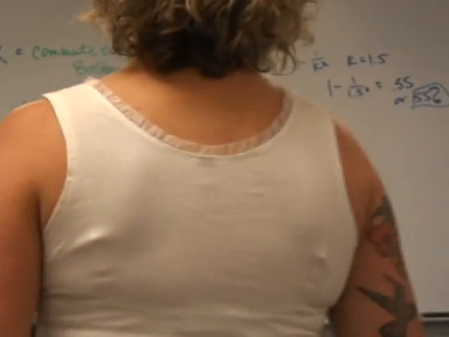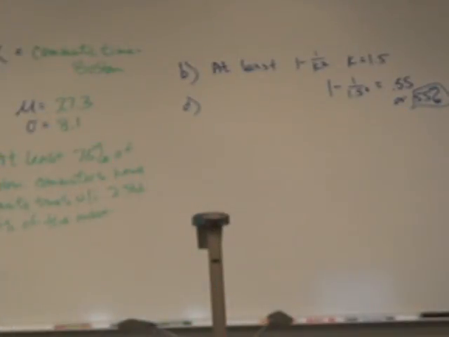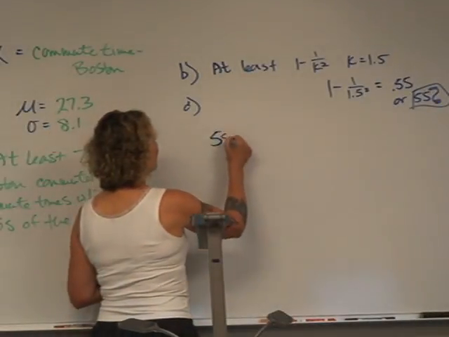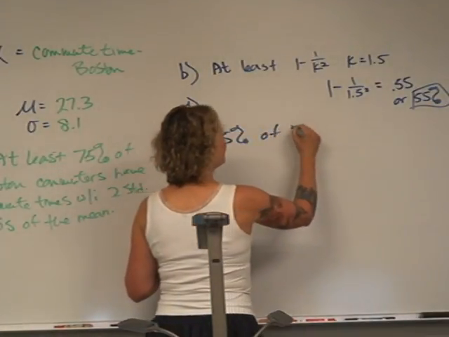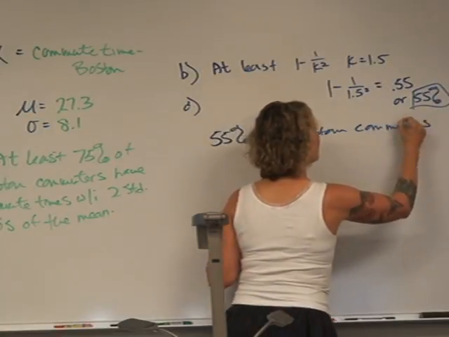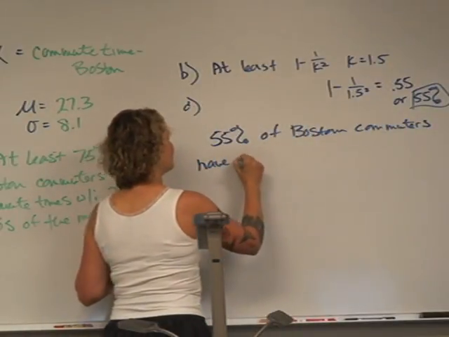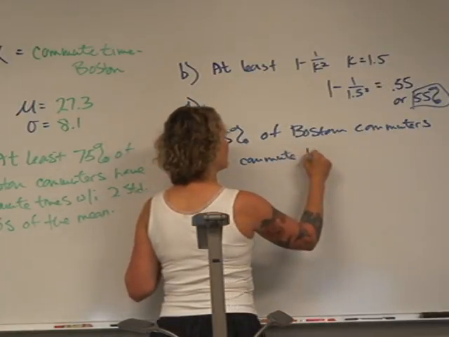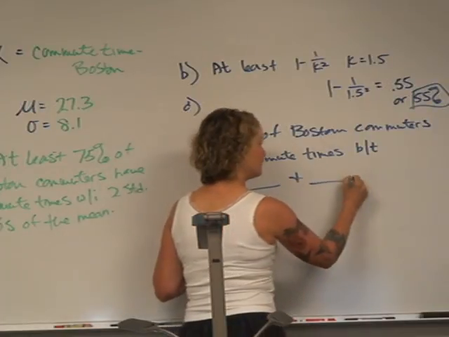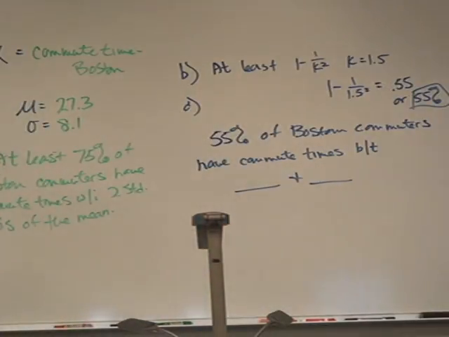Sure. So we want the interval of numbers. So we want 55% of Boston commuters to have commute times between what numbers? That makes sense? So you have to actually find the interval of times, from what time to what time.